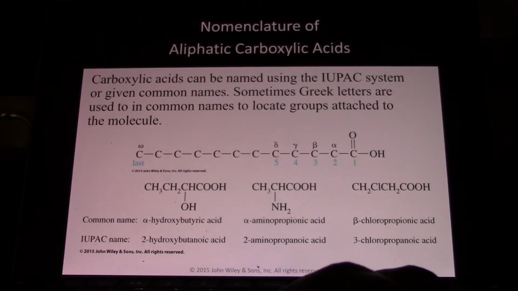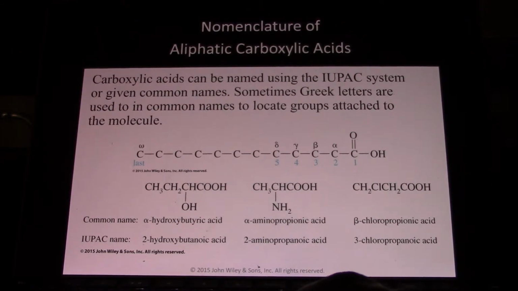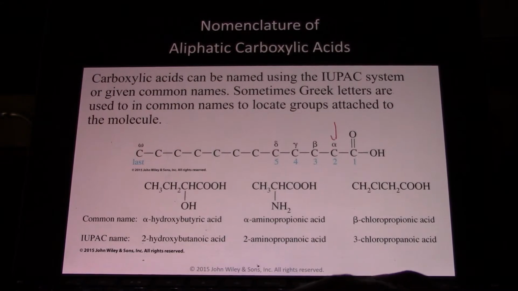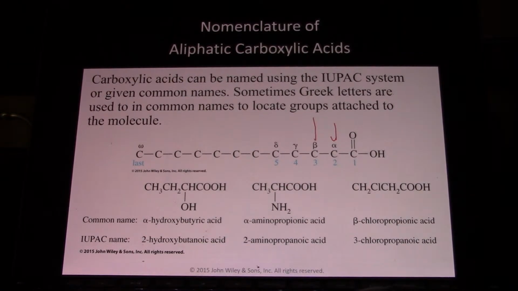And again, as you move away from the carbonyl carbon, the first one is called the alpha, then beta, then gamma, then delta, and then we have epsilon here.